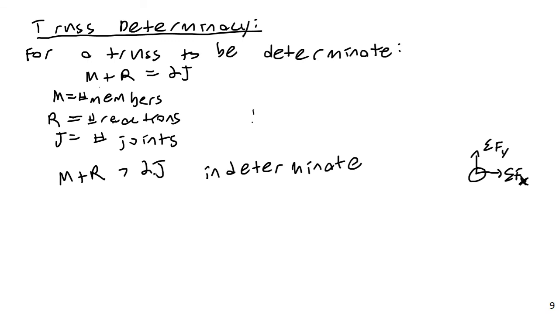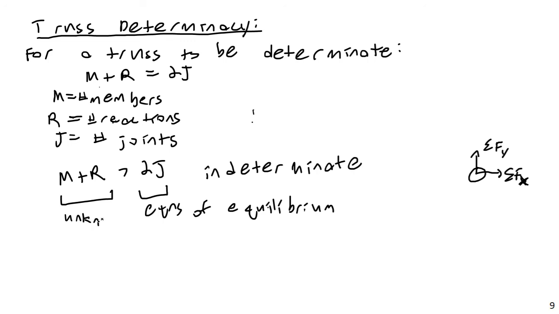So this represents our number of equations of equilibrium, while m and r represent unknowns. m is the number of members, r is the number of external reactions, and these are the things we would be solving for when using the method of joints.